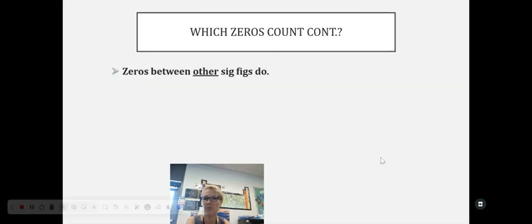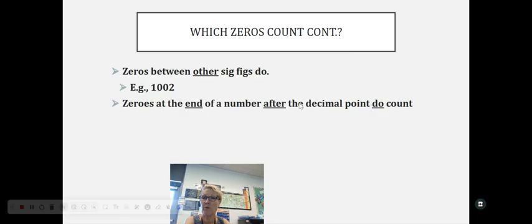These zeros, again, are placeholders. Let's continue with which zeros count. Zeros in between other numbers are significant and they do count. Look at the example 1002. The two zeros in the middle help to determine the size, or the magnitude, of that number, so they are important. Also, zeros at the end are important as well: 45.8300. These zeros are important because they actually show you the accuracy of the equipment.